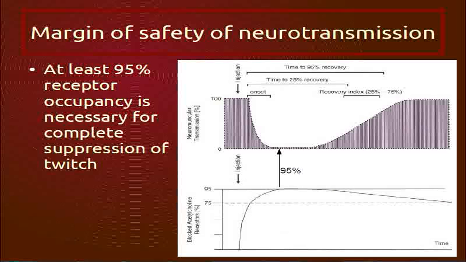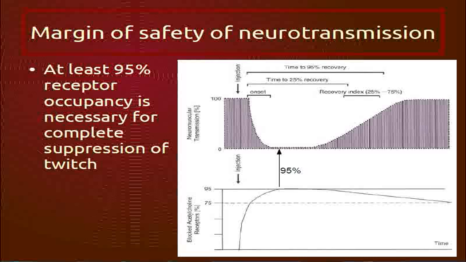So, the dotted line represents a 75% blockade of receptors. And if you draw a straight line up to where it says onset, that is where that first twitch starts to fade away. And then, shortly thereafter, you reach 95% saturation of your postjunctional nicotinic muscle receptors.